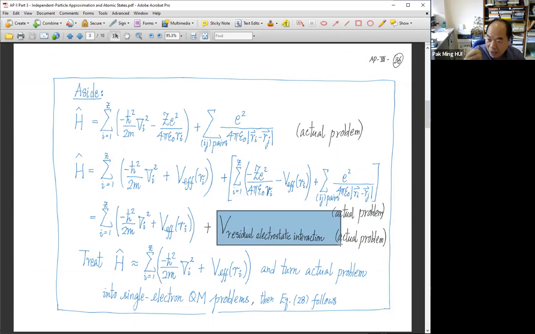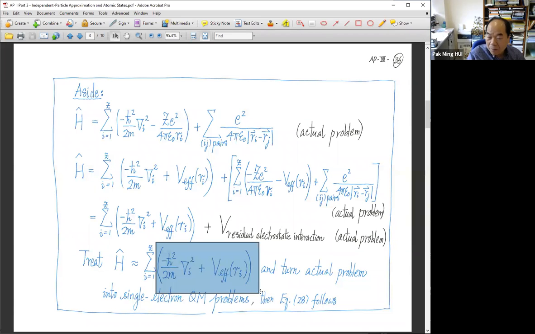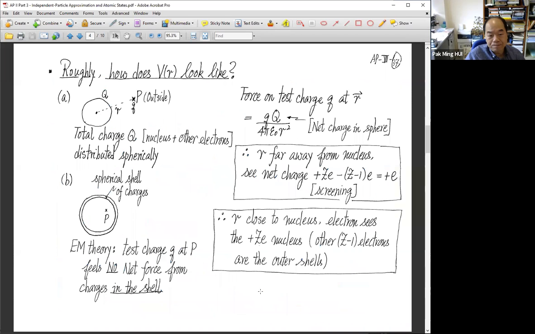Okay, that is another way to do it more accurately. But here, I will not worry about this residual electrostatic interaction. And then we just pretend that it can be modeled by a spherically symmetrical potential.